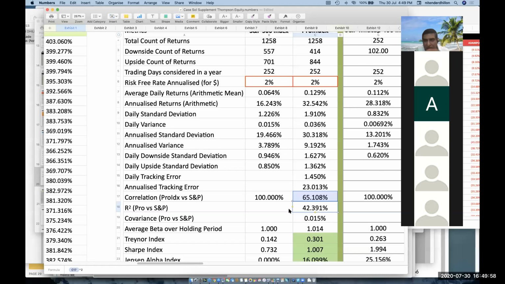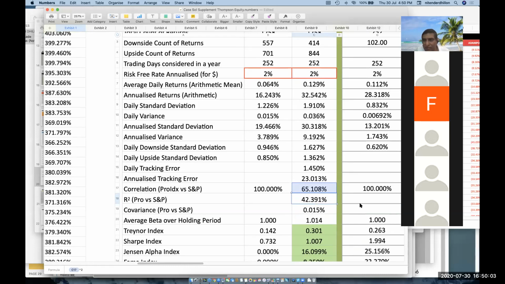Okay. Part. Anyone else? I'm still not getting the complete picture. One minute, let me check. Yeah, somebody else. Okay, one minute, Ruchi. Somebody gives you 42% R square. What does that mean?